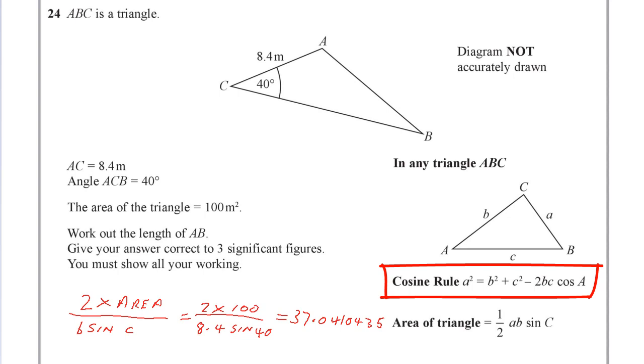Looking at this, we do not need to rearrange this equation. AB is this A squared.